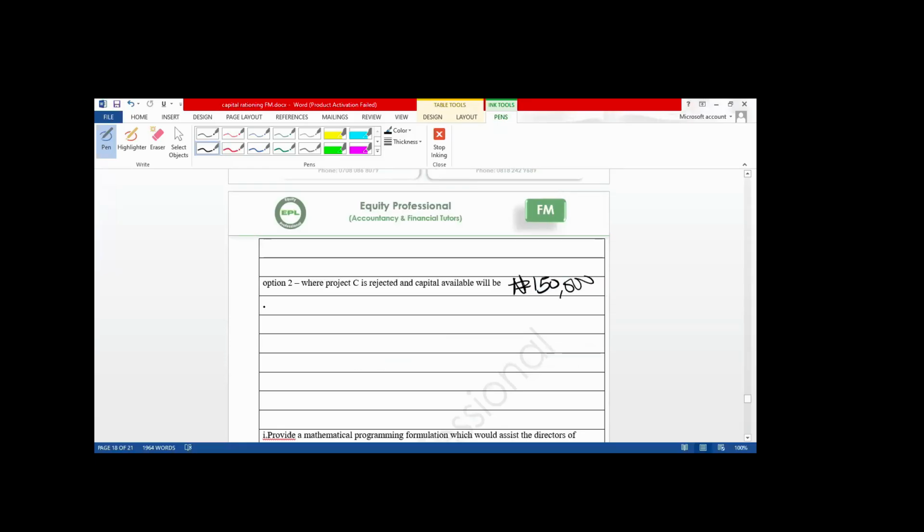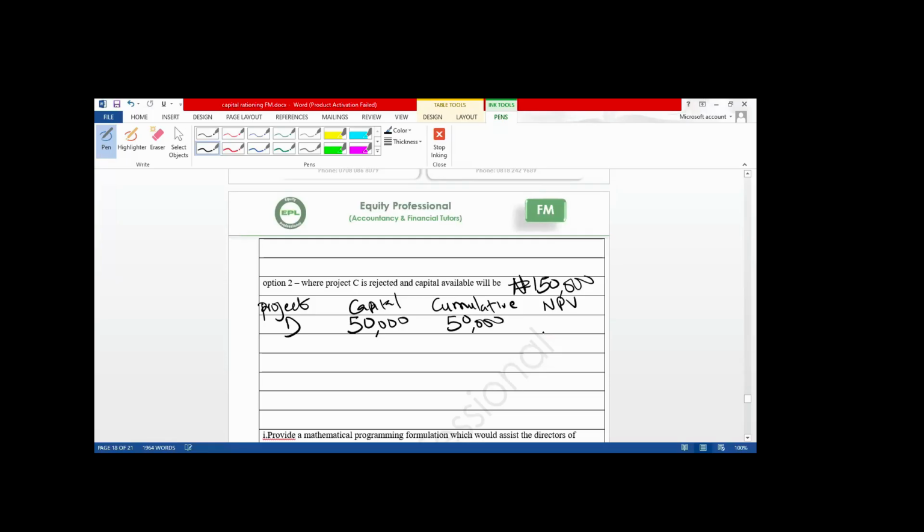You now come to project selection. Project, capital required, cumulative capital, NPV. Project D first. Capital required 50,000.